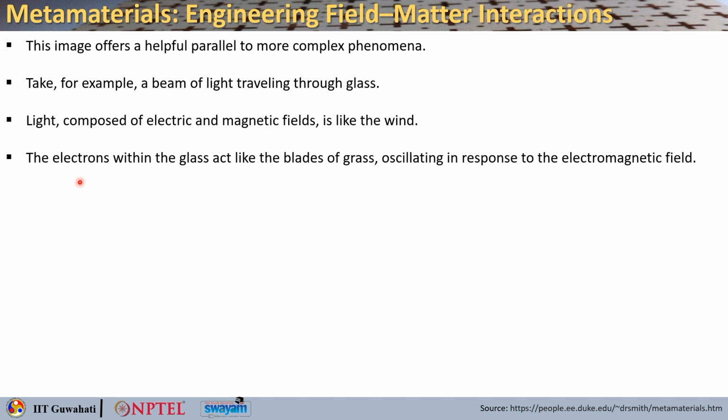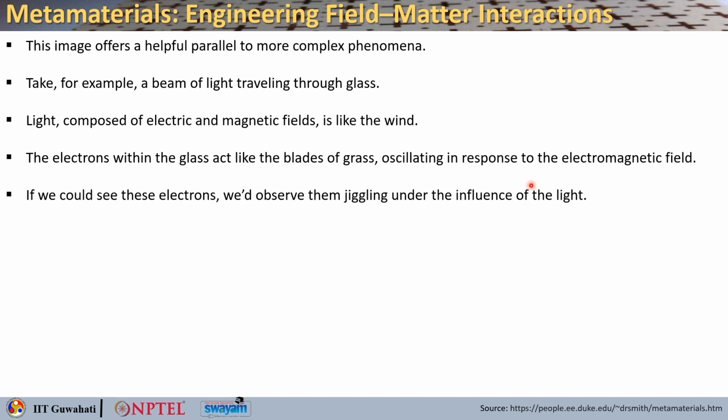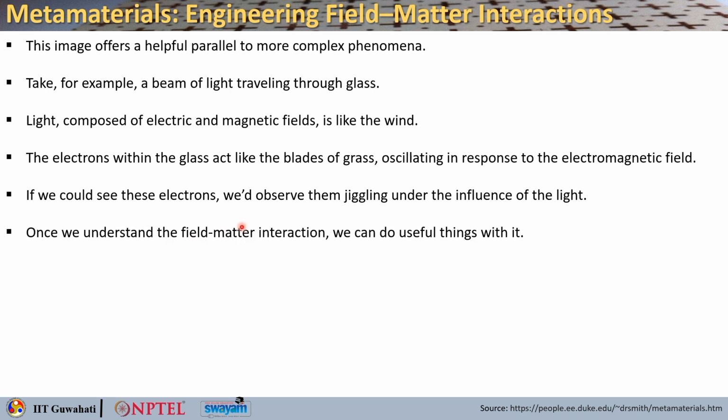The electrons within the glass act like the blades of grass in the previous analogy, oscillating in response to the electromagnetic field. If you could see those electrons, you would observe them jiggling under the influence of the light.